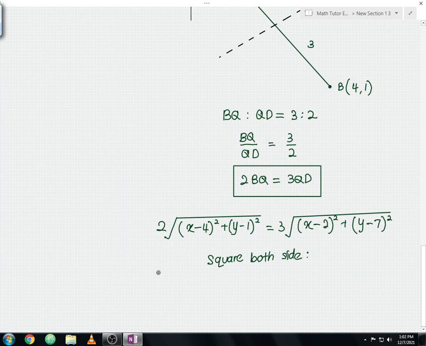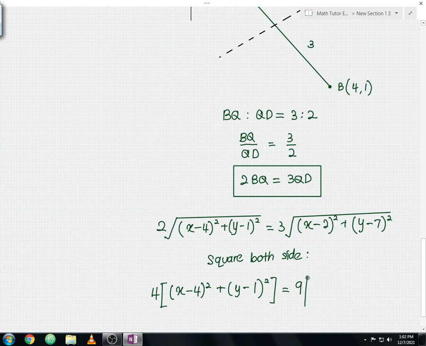So from here you get 4, and then let me draw a square bracket over here. So x minus 4 square plus y minus 1 square, close bracket, equals to 9.